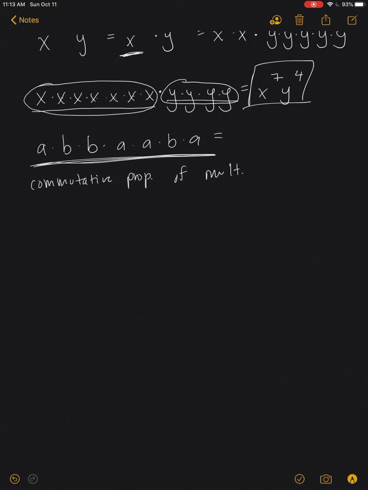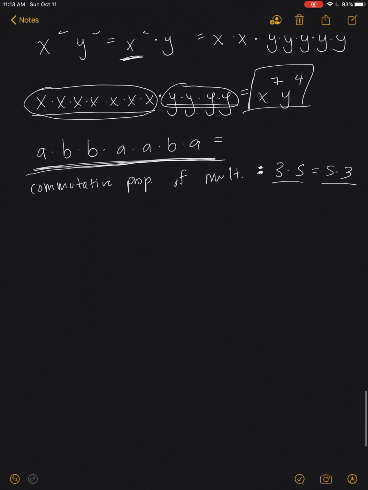So I can rearrange this whole problem to put all of my similar bases next to each other. Because remember, commutative property of multiplication, like 3 times 5 is equal to 5 times 3, right? It doesn't matter what order I do this in, and that's for any long string of multiplication like this.